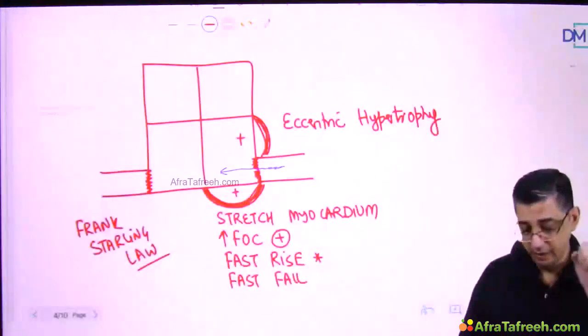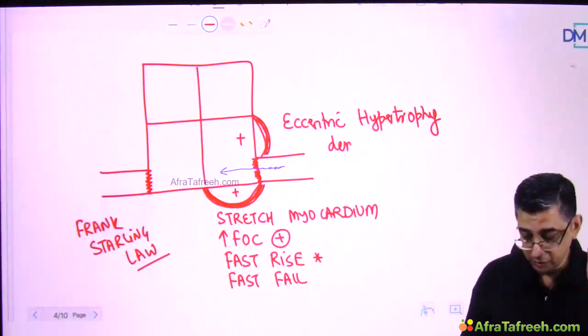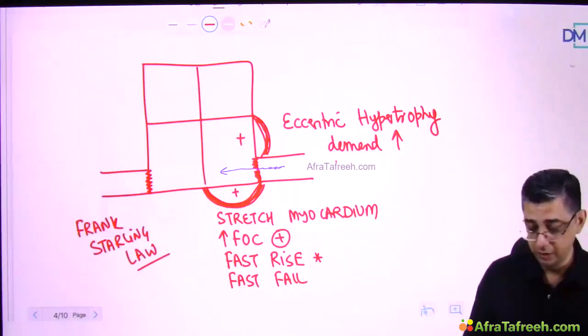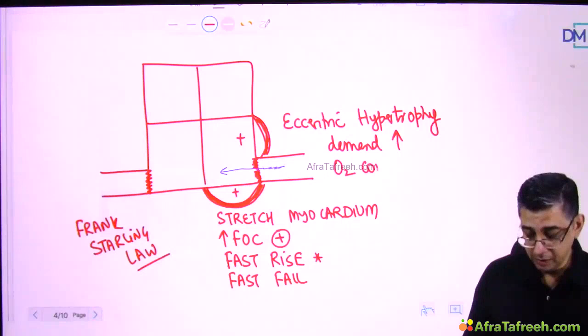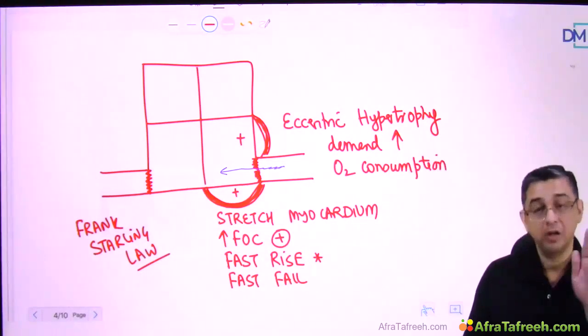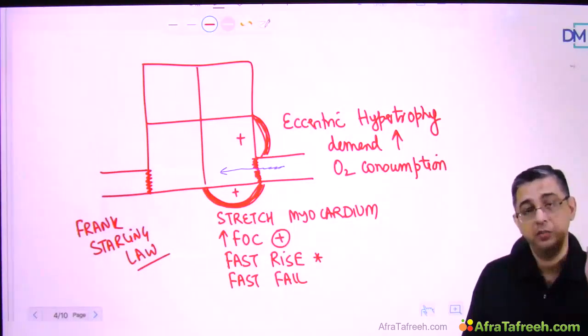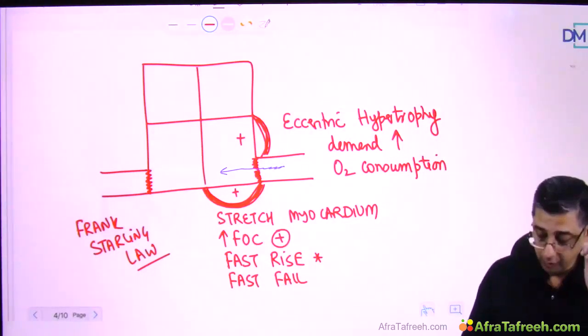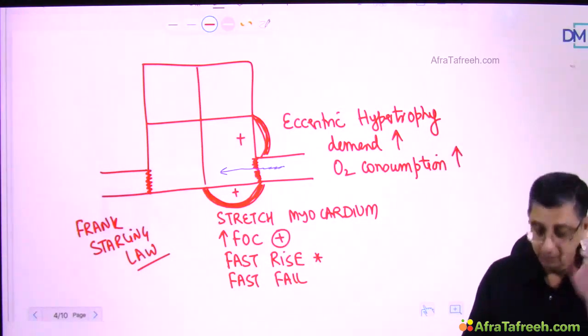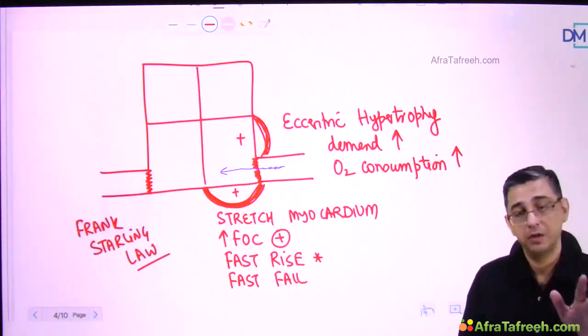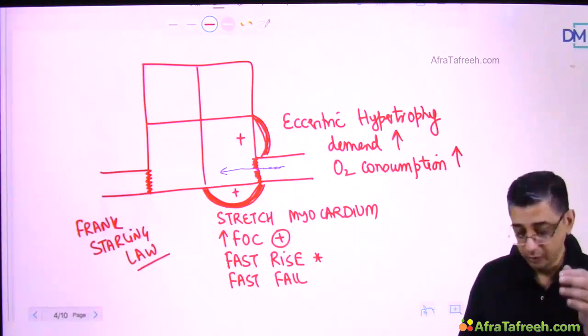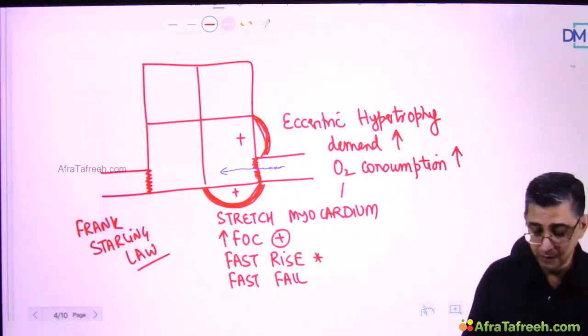The price for that is that the oxygen demand of the heart will also increase, oxygen consumption will increase, and there is a limited supply from the coronary arteries. If we are talking about an old age patient, or even a young patient who has a bicuspid aortic valve, the problem is that consumption is increasing, but the anatomy of the coronary arteries will remain the same. Therefore, there will be a mismatch between demand and supply.